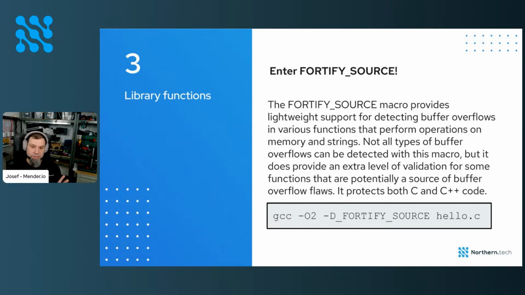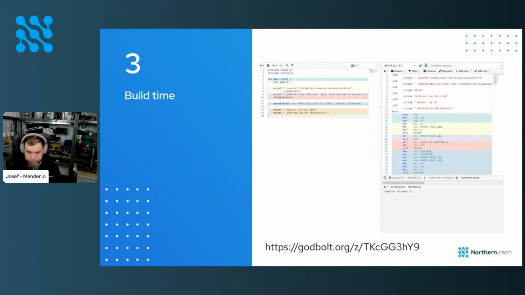You can enable it just by passing O2, so it requires optimization to kick in, so the compiler actually knows a little bit about what's going on, and by enabling the Fortify Source macro. It cannot detect everything, but it can help you. That's what I'm saying. And it incurs close to zero cost.